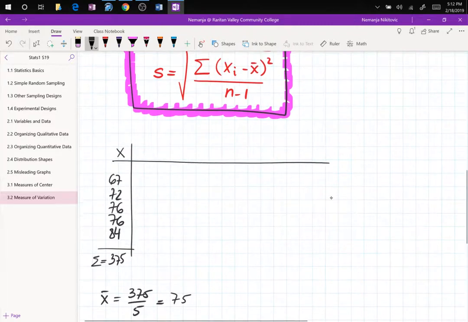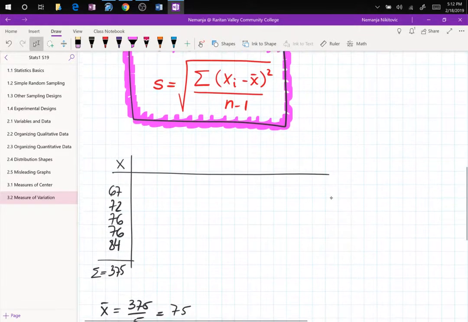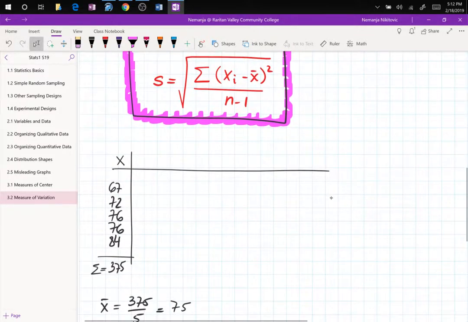Now let's take a look at our formula. The first are our xi's: x1, x2, x3, x4, x5. Those are our original values. Now if you look over here in the formula, you have order of operations, PEMDAS.